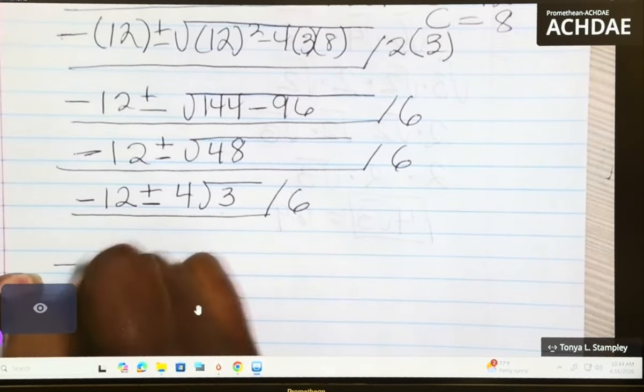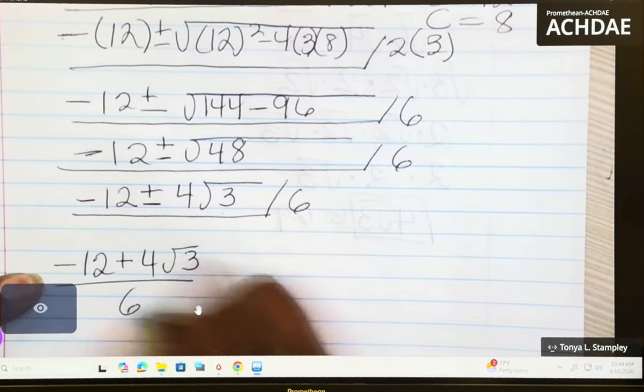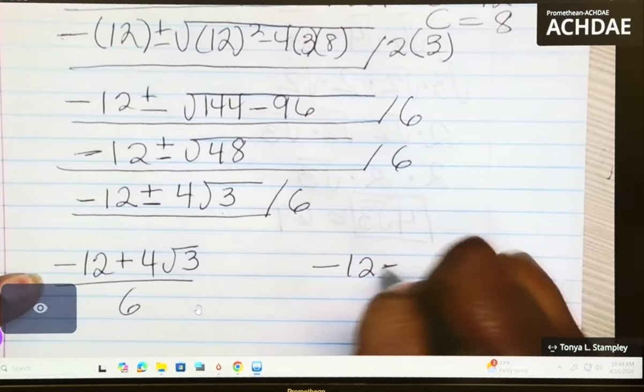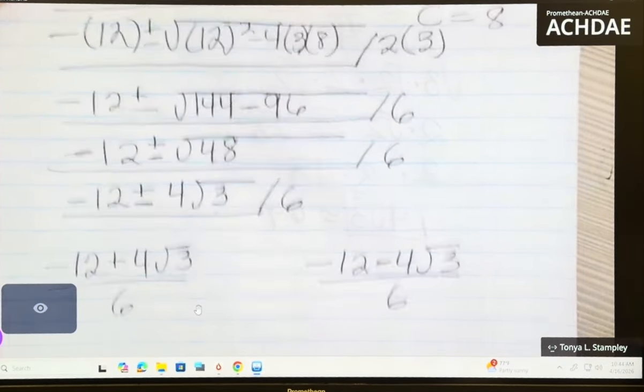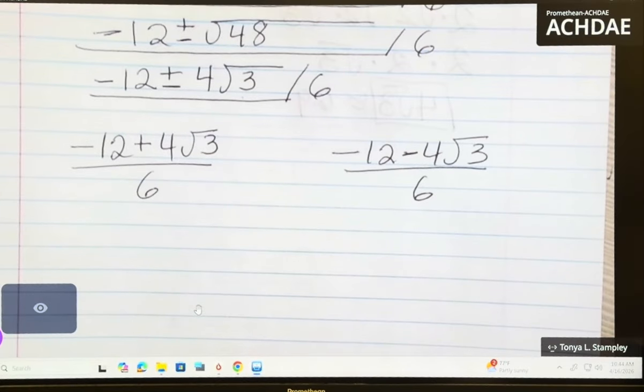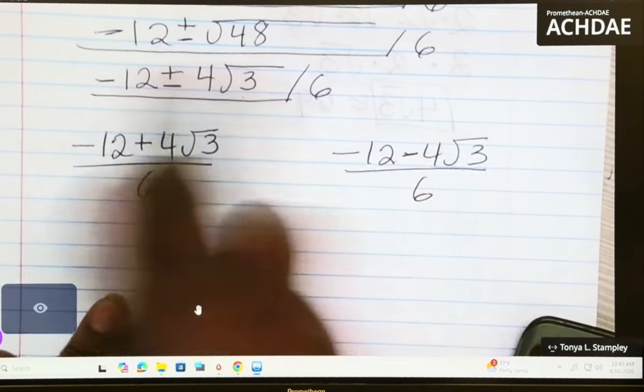We got what? Negative 12 plus 4 radical 3 over 6 and negative 12 minus 4 radical 3 over 6. So if they give it to you in radical form, these are your answers.